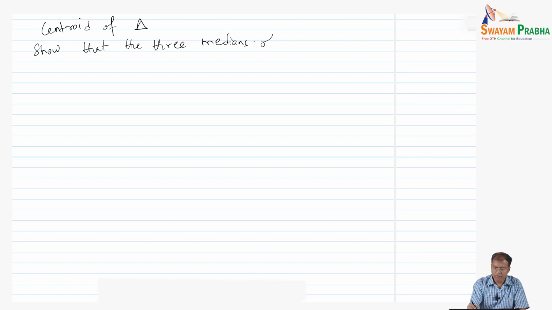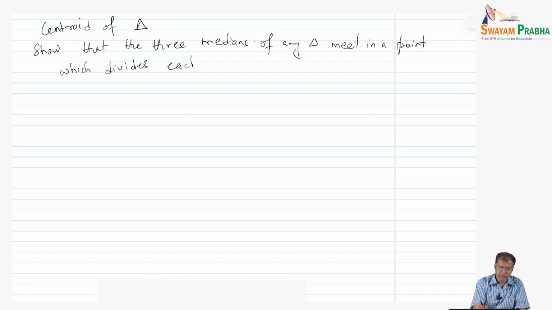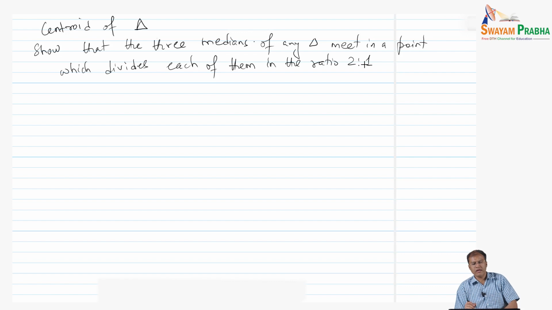Show that the three medians of any triangle meet in a point which divides each of them in the ratio 2:1. Show that the three medians of any triangle meet in a point which divides each of them in the ratio 2:1. So what are the medians?